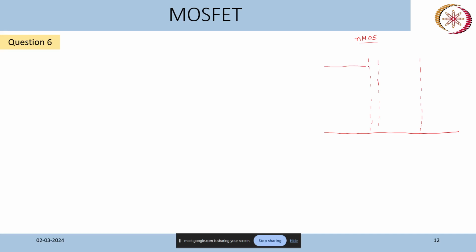So the capacitance is high initially and then decreases to a certain value, and then again starts to increase. Okay. So this point here, this is the region accumulation.